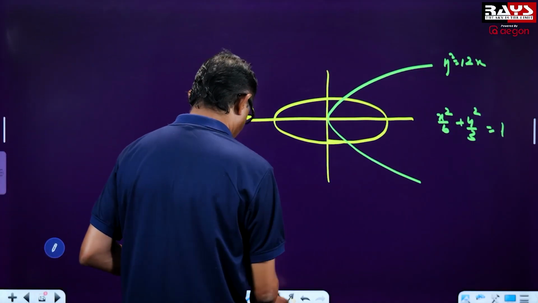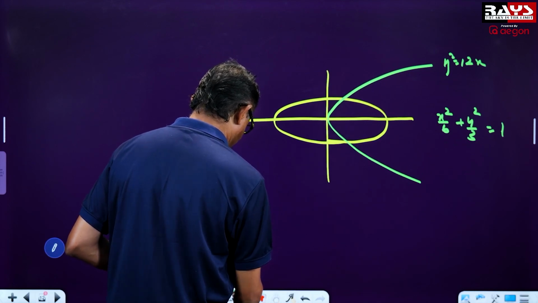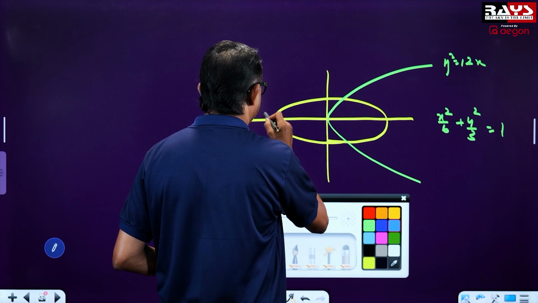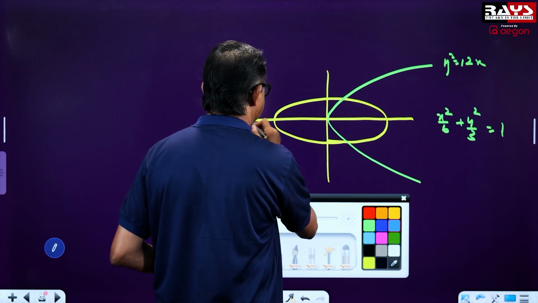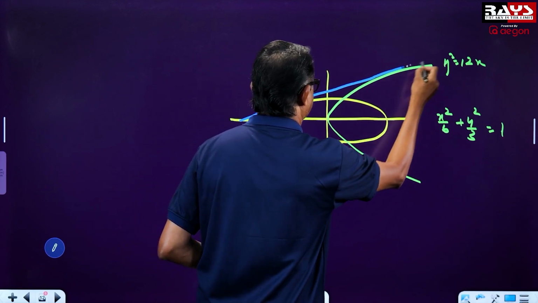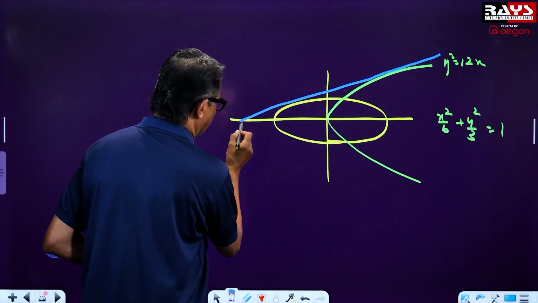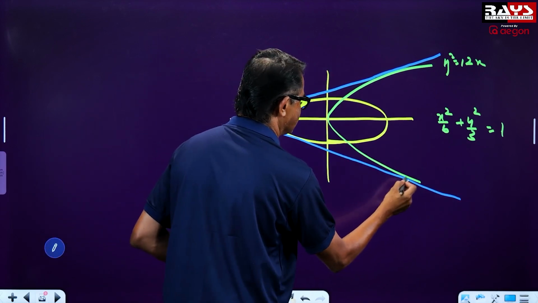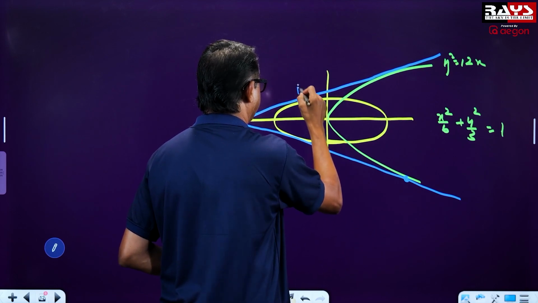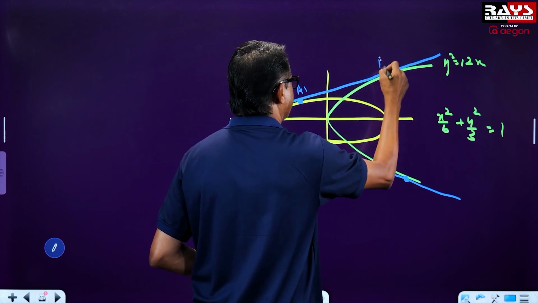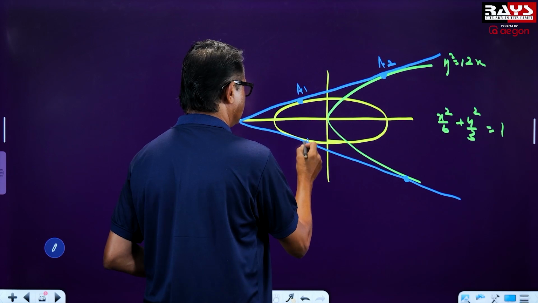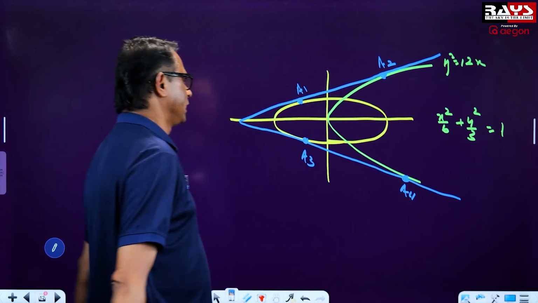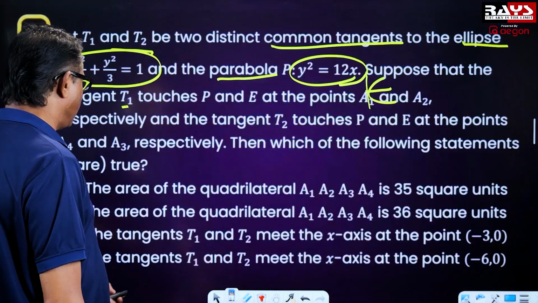So here we can draw a common tangent. Say this is a common tangent, and this is another common tangent. These are the common tangents. So this is touching at A1 and A2, and this is A3 and A4. Now what do you do?